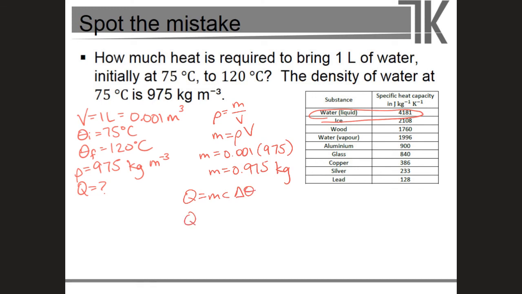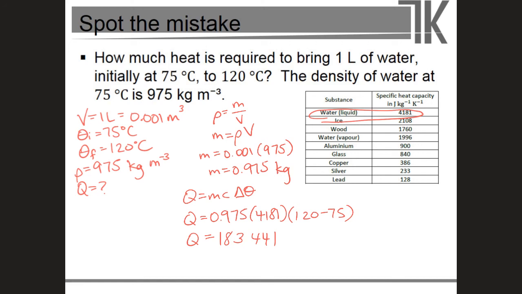So Q equals 0.975 times 4181 times 120 minus 75, our change in temperature there, and that gives us Q equals 183,441. Awesome. Can you spot the 5 mistakes here?